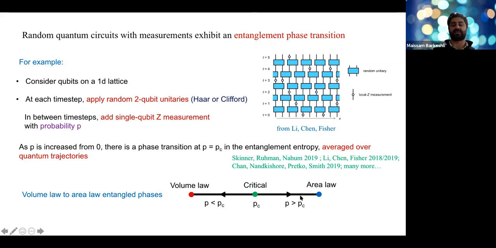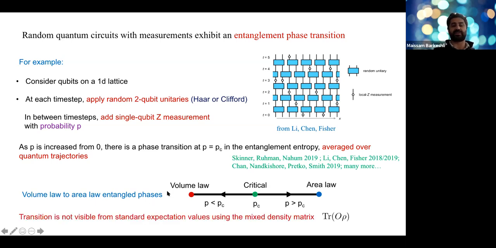So it gives rise to this area law entanglement. Whereas if you have very small measurement probability, then you can build up this entanglement and you get this volume law entangled phase. And the phase transition here is critical, as we'll discuss.